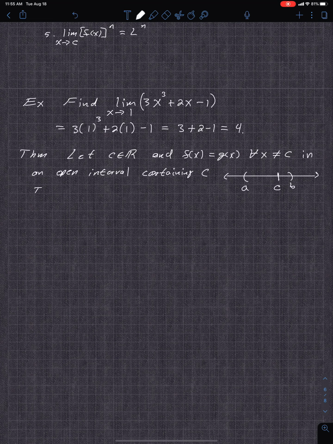Then the theorem says if the limit of g of x equals L as x approaches c, then the limit of g of x equals the limit of f of x equals L as you approach c.